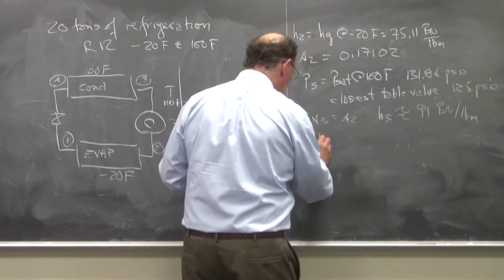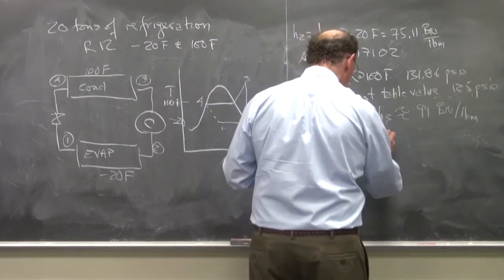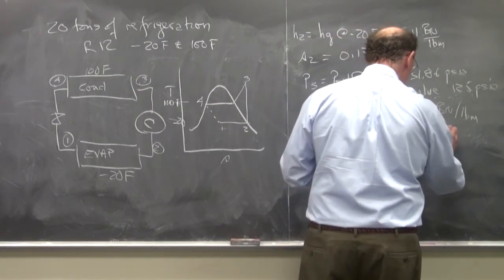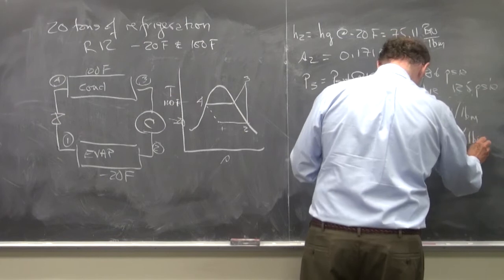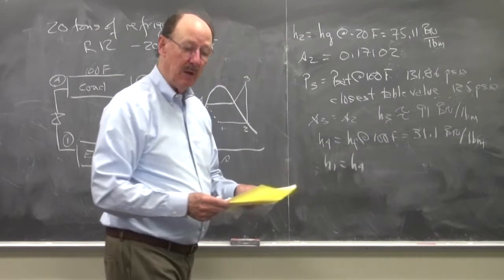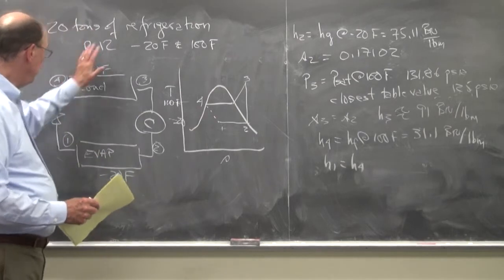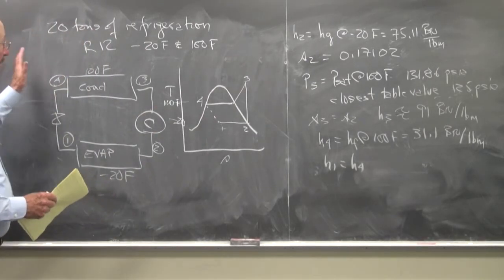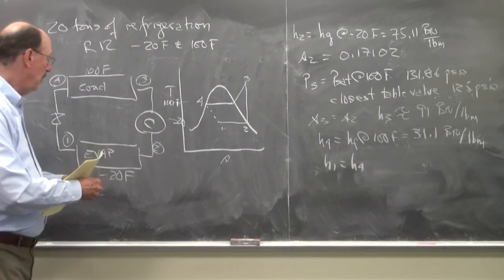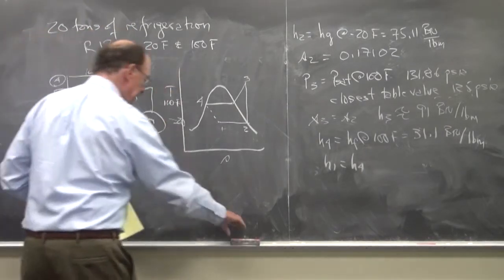And H4 is equal to H sub F at 100 degrees Fahrenheit, so that's equal to 31.1 BTUs per pound mass. And H1 equals H4. Now we go through and do an analysis for each of these systems. I'll find the heat in, the power, the heat out, and all that type of stuff. I'll leave this diagram that we can refer to, but I'll erase the other stuff.